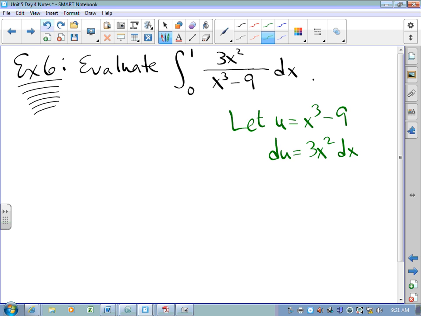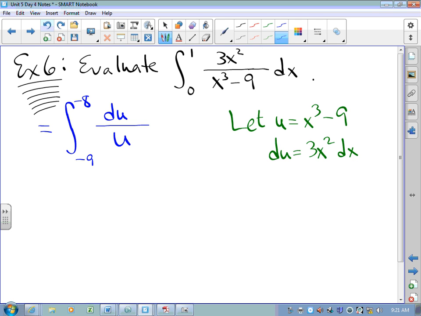So we've got du is 3x squared dx, which means that I'm dealing with the integral of du over u, from, if x is 0, u is -9, and if x is 1, u is -8.